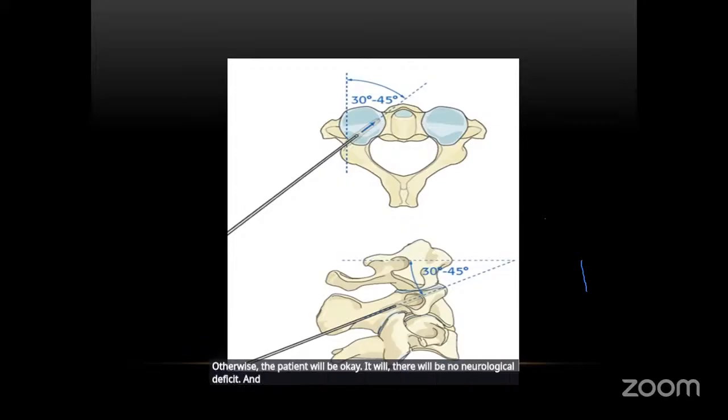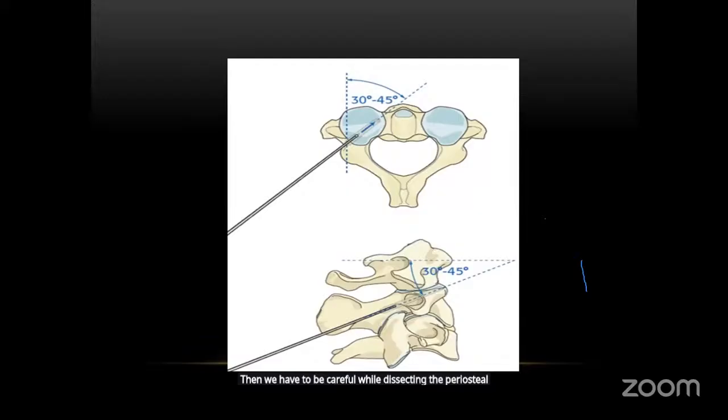And second thing, when we are doing the periosteal dissection of the C2 arch and the posterior arch of C1, we have to be careful while dissecting when we are finding the lateral masses. Otherwise, there are no separate exposure points for C1, C2.